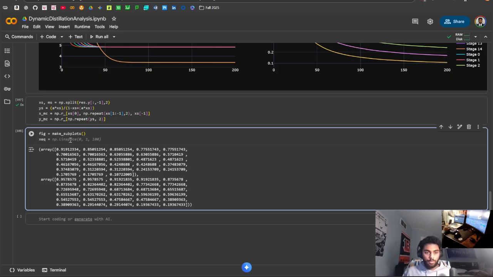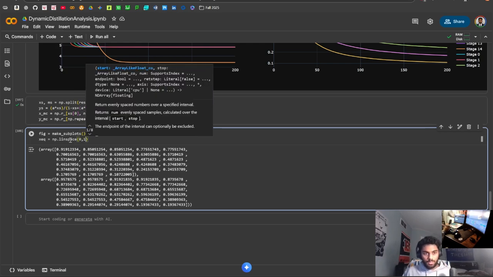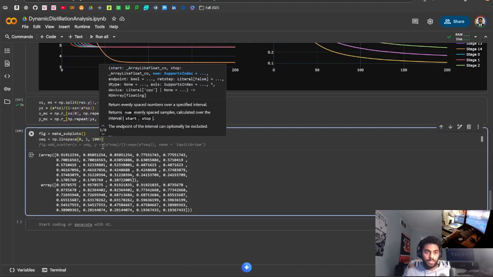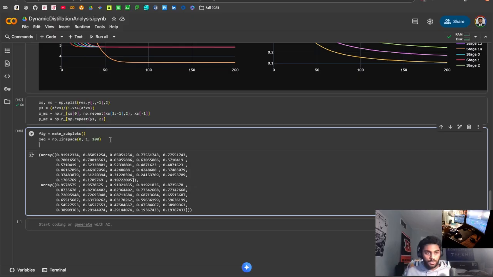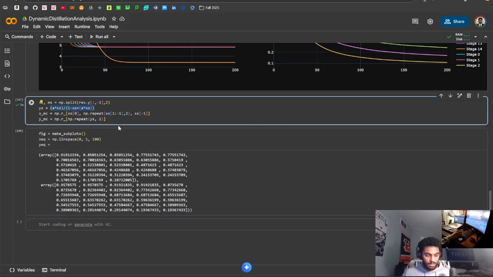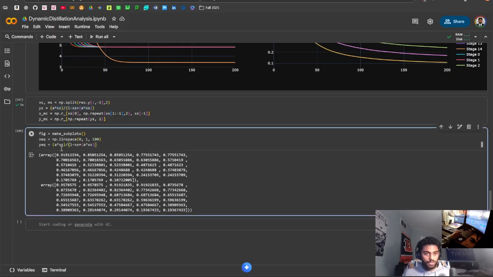So I'll set my equilibrium x, np.linspace, going from 0 to 1, which is our range of compositions that we can have. We can say we want 100 evenly spaced values in between. Our YEQ is actually going to be this here. Instead of using x's, we're going to use XEQ.